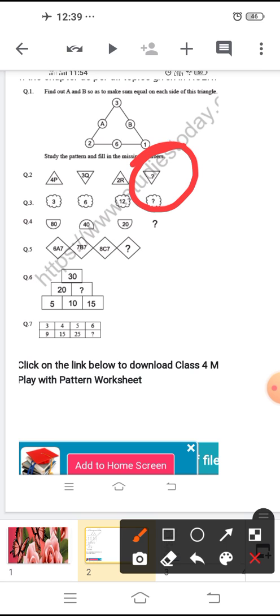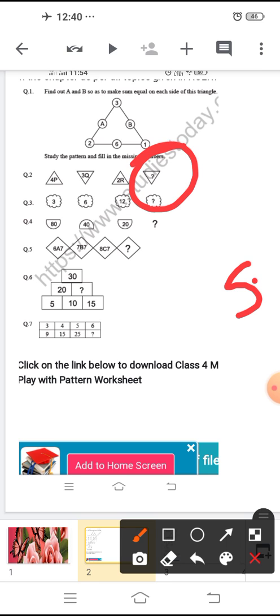In number form it is decreasing, but in alphabetical form it should be in increasing order. You can see P, Q, R and S. S is the alphabet. This is in increasing order. Understood?